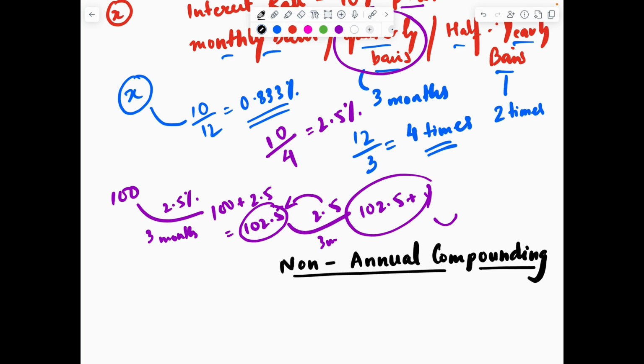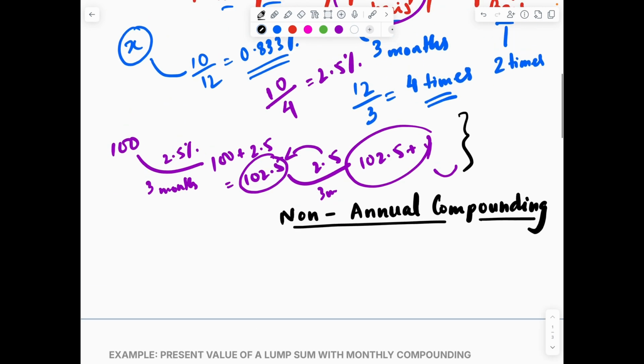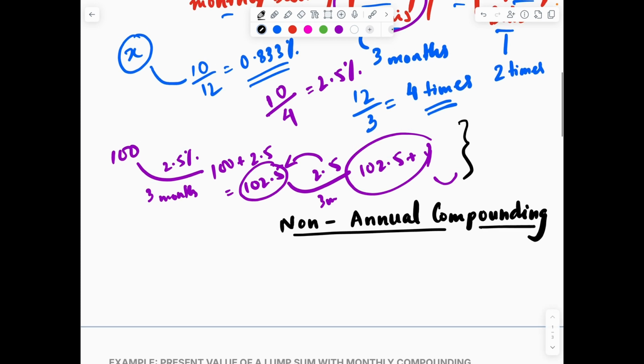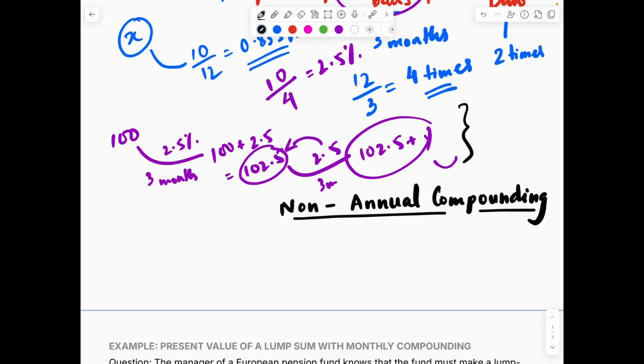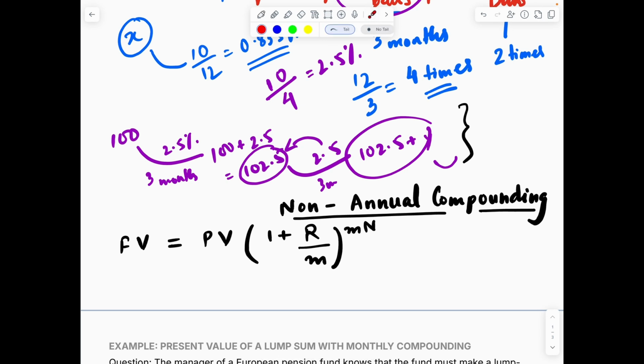If you see, this calculation of non-annual compounding is pretty hectic, right? So is there a formula for this? Yes, there is a formula, and I'm going to show it to you. It is the same as the compounding formula. Future value equals present value times (1 plus R by M) to the power n.